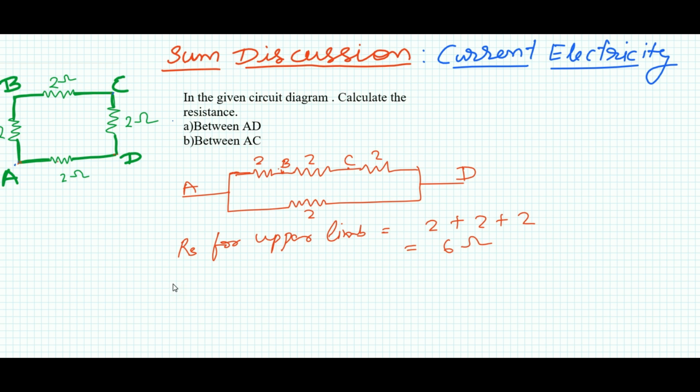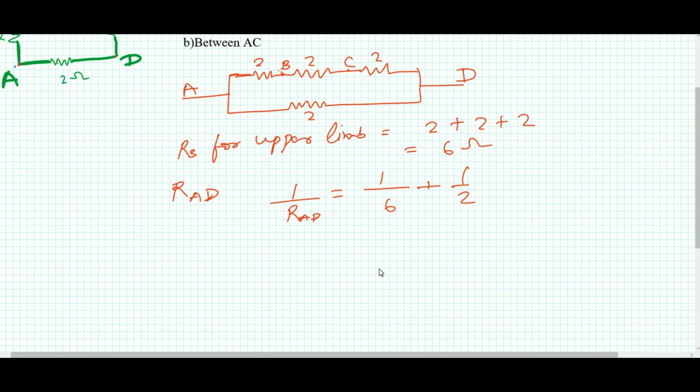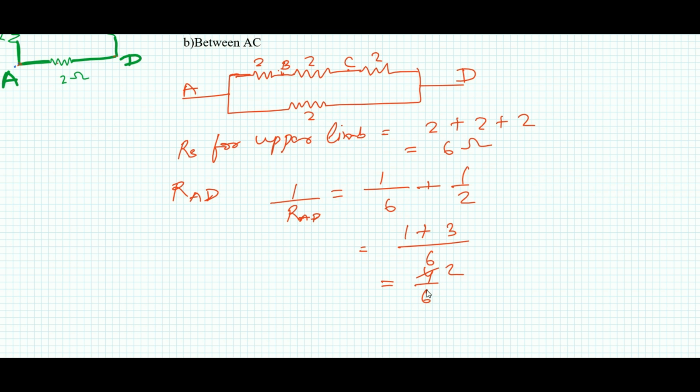Okay, now the RAD is the parallel resistance, that means total resistance between these two terminals. We can write like this: 1 by RAD equal to 1 by 6 plus 1 by 2. This becomes 1 plus 3, that is 4 by 6, that is equal to 2 by 3.